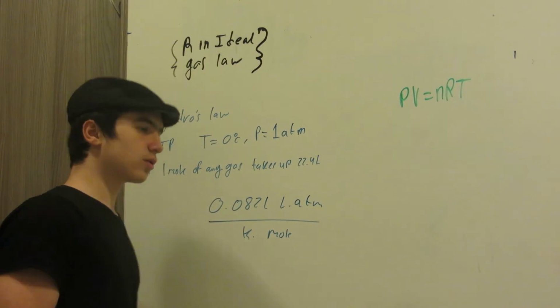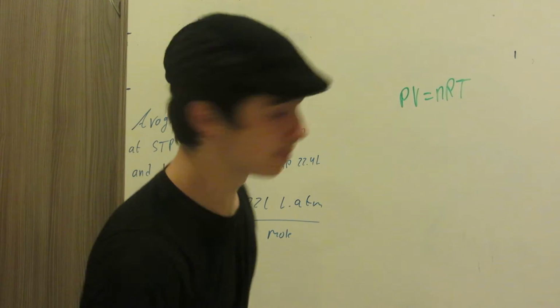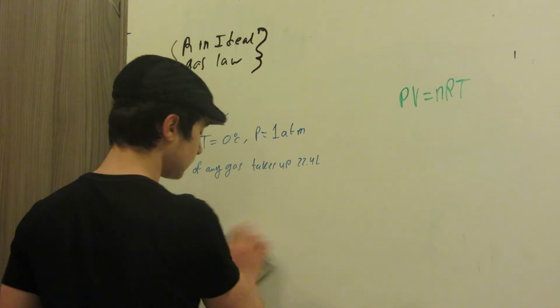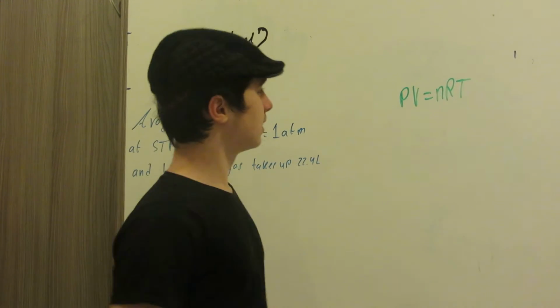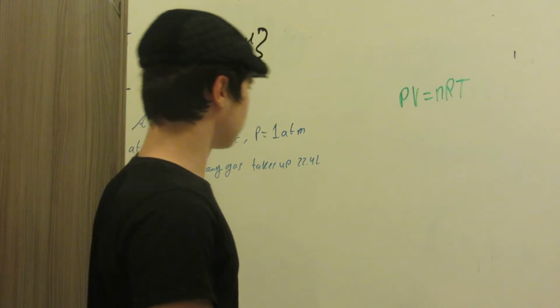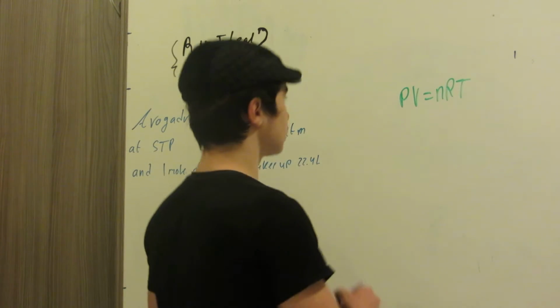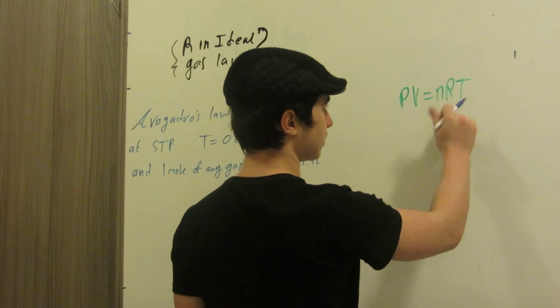In order to answer this question, we'll do a simple example. We are given the ideal gas law formula, and in order to get the number, we need to solve for R. So we need to leave R on one side of the equation.